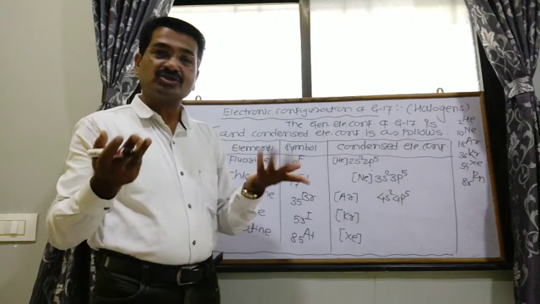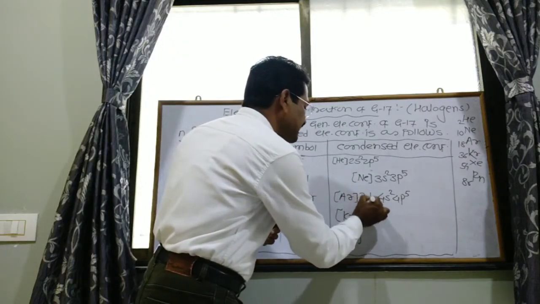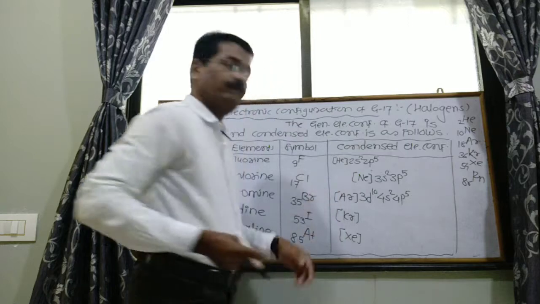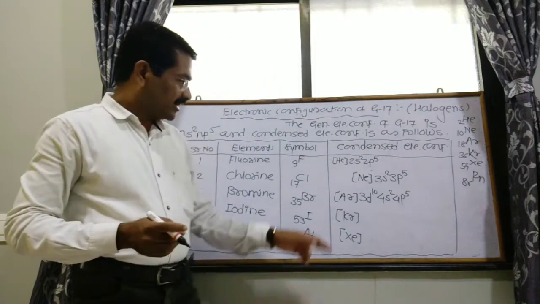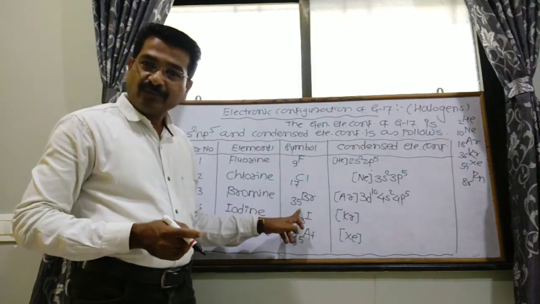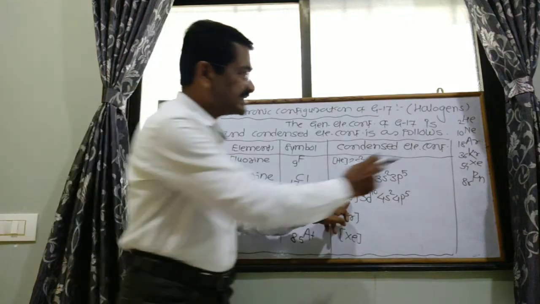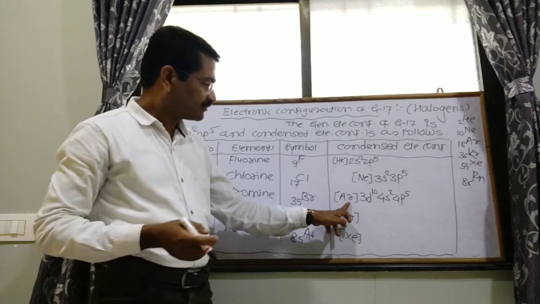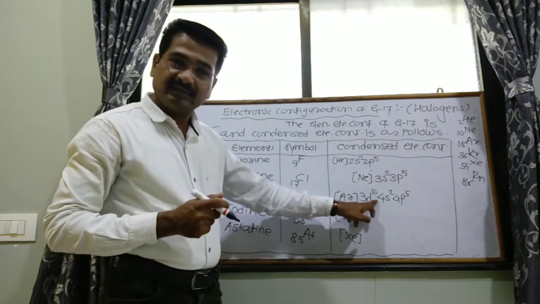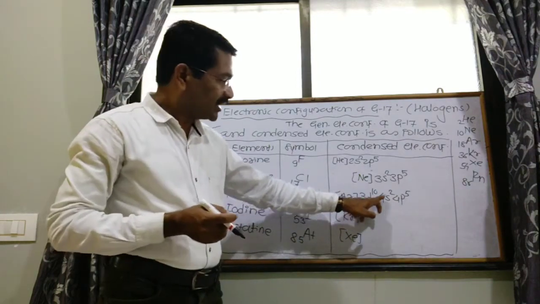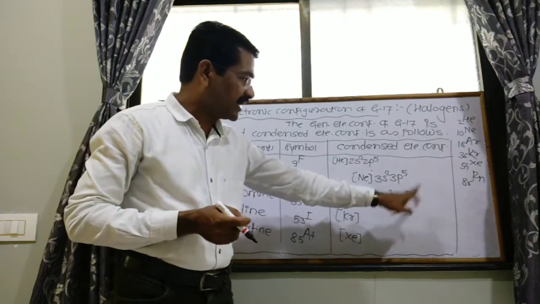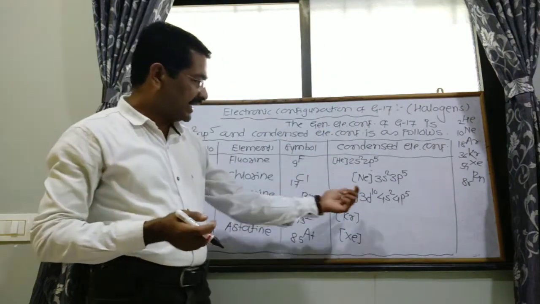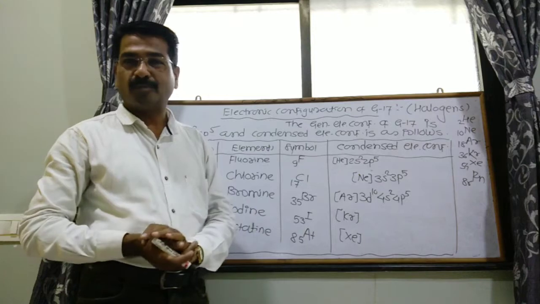But the remaining electrons go to 3d10. See again, bromine contains 35. Out of that, argon possesses 18 electrons, that is the zero group element. 18 plus 10 is 28, plus 2 is 30, plus 5 is 35. So this is the condensed electronic configuration of bromine.